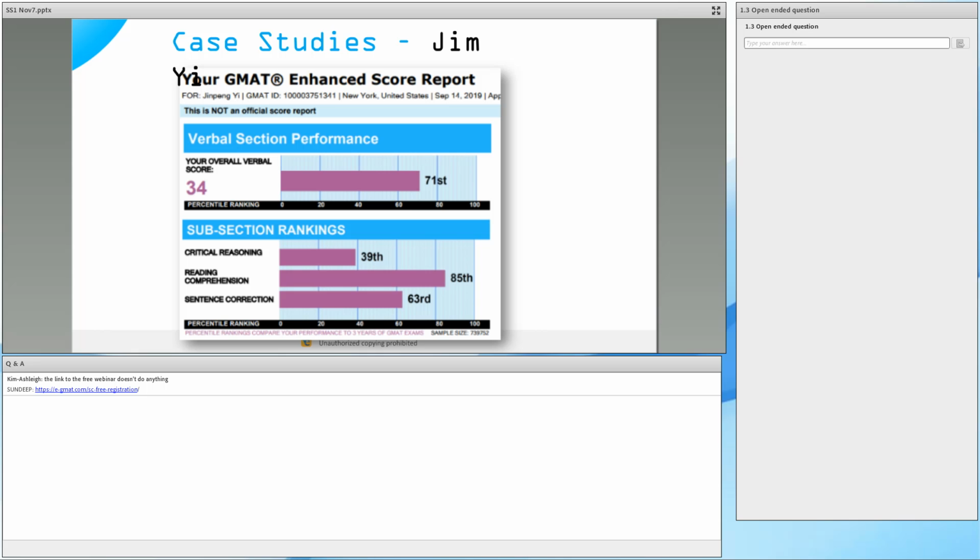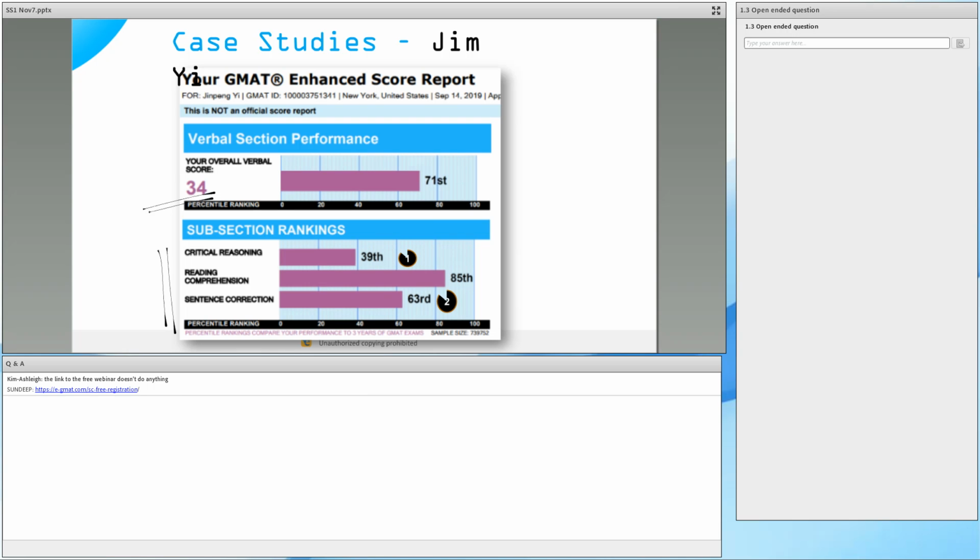And what you can see over here is Jim in his first attempt got a V34. And as you look at this, what you're going to really notice is he needed improvement in CR and RC. Here are his ability scores. He needed that improvement. We gave him that personalized study plan.